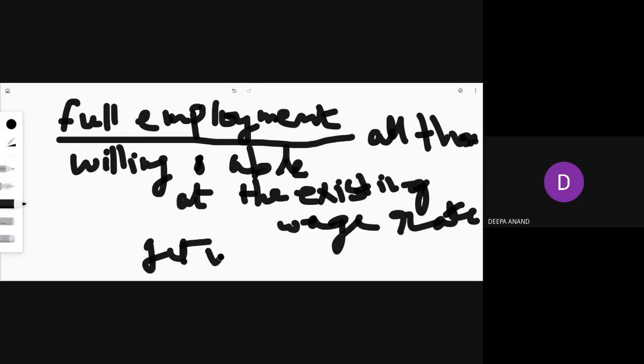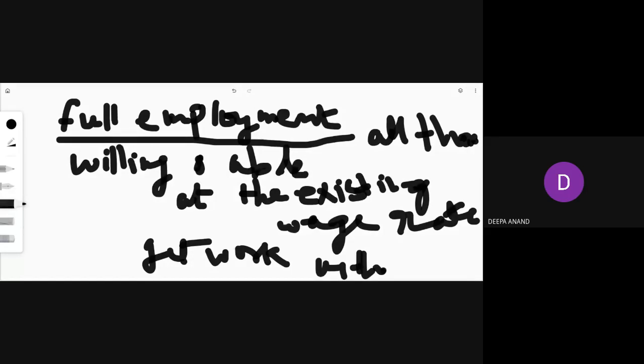Who get work? Those who are willing and able to work. All those who are willing and able to work at the existing wage rate get the work without much difficulty. That is known as full employment. So that is the definition.